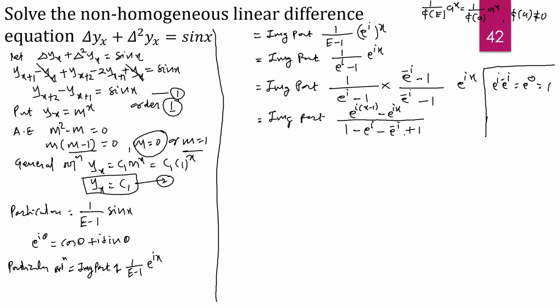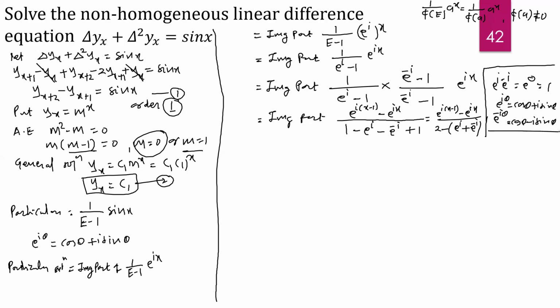Now it can also be written as e raised to i(x minus 1) minus e raised to ix, divided by 1 plus 1, that is 2. Here the minus sign is common, e raised to i plus e raised to minus i. We know Euler's formula: e raised to i theta is cos theta plus i sin theta, and e raised to minus i theta is cos theta minus i sin theta.